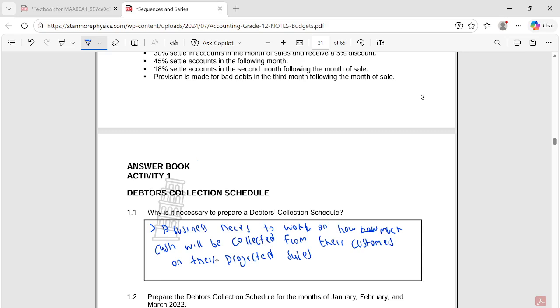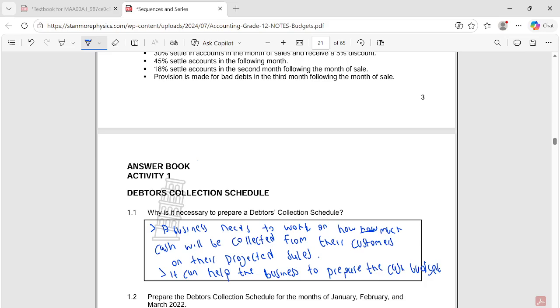And another reason is that it can help the business to prepare the cash budget. So here are my two responses.